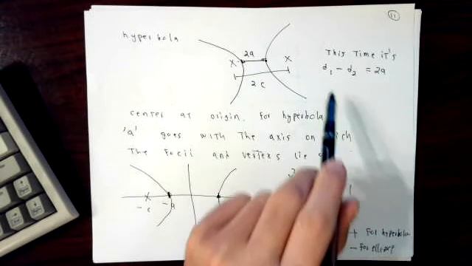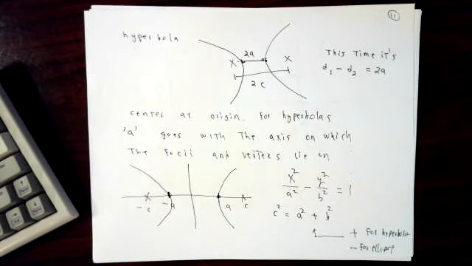The points that obey d1 minus d2 equals 2a obey the equation x squared over a squared minus y squared over b squared equals 1, where c squared this time, for ellipses, it was a squared minus b squared. For hyperbolas, it's c squared is a squared plus b squared.